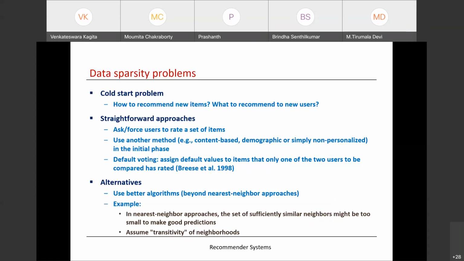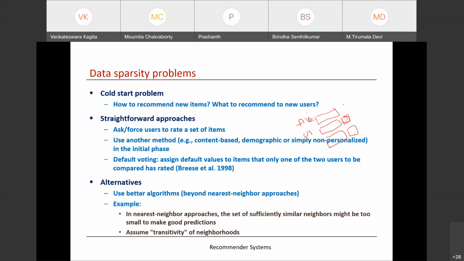Suppose you want to make a prediction for Alice, and her nearest neighbor is user 1. You want to make the prediction based on the rating by user 1, but suppose this rating is missing. What would you do? You find the users who are similar to user 1, since they might have rated it. So you assume transitivity in the similarity.